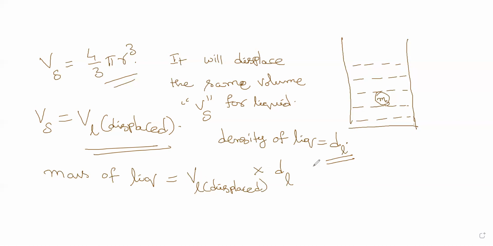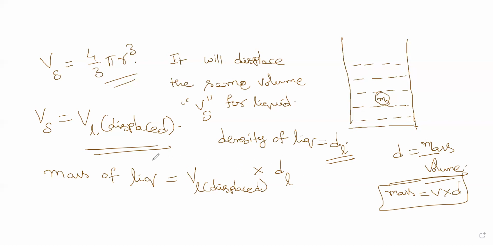See, volume into density is mass, right? Density is equal to mass by volume. So volume into density is nothing but mass. Mass is equal to volume into density.